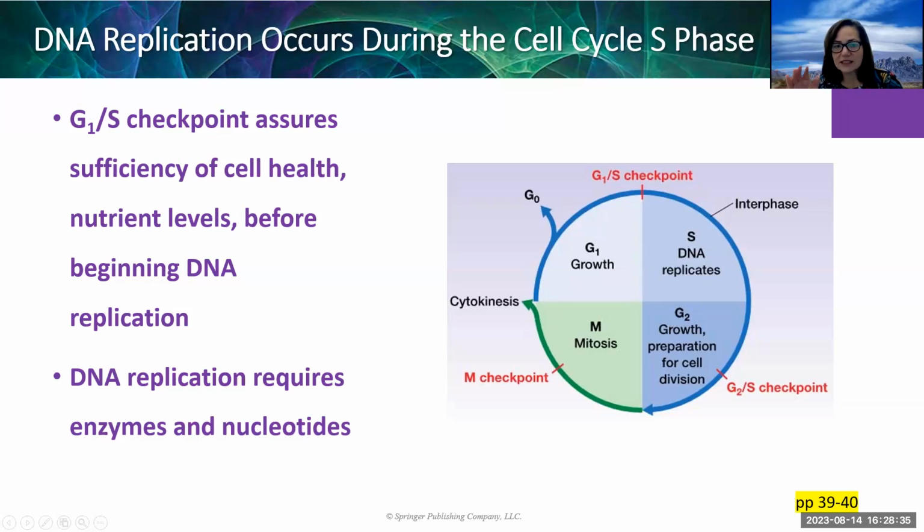It turns out this is all super regulated. So cells are not allowed to move through the cell cycle without meeting these very strict conditions. So for example, the G1 and S checkpoint, the cell does not even let itself start putting energy into copying DNA. That takes energy.